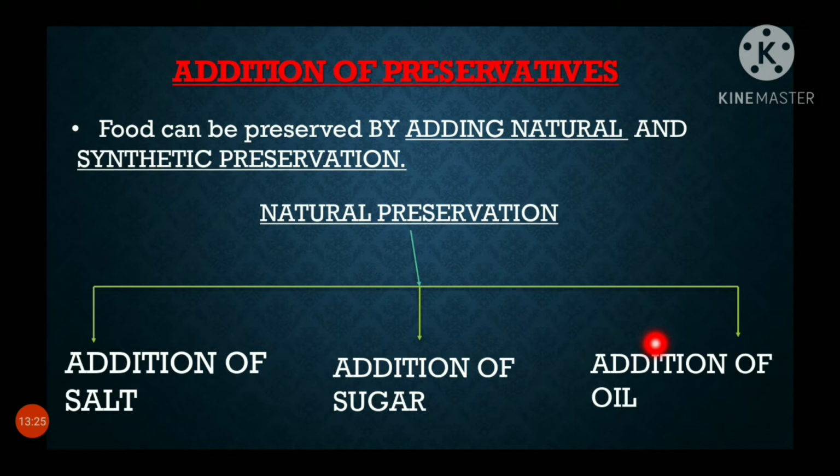It will act as a protecting layer to the pickle. That is why our elders tell us not to put a wet spoon into the pickle, because that moisture is absorbed by the food which is preserved for so long. Suddenly it will give life to the bacteria which will spoil the whole pickle. Are you clear, students? This is natural preservation.